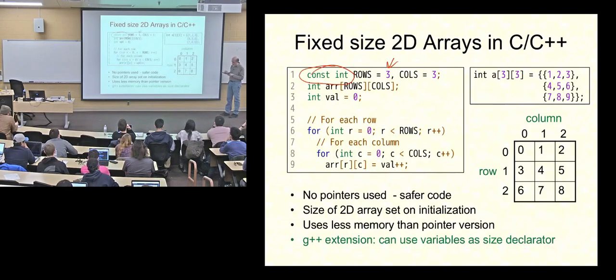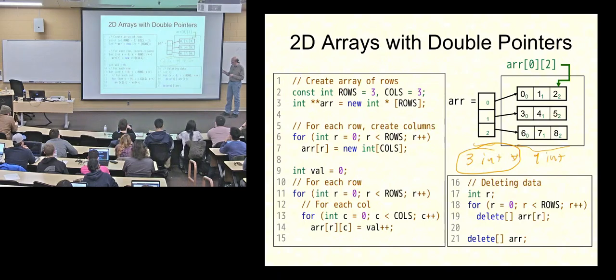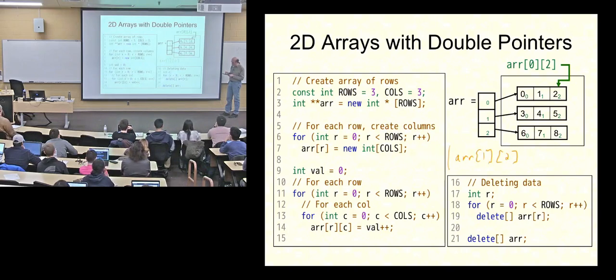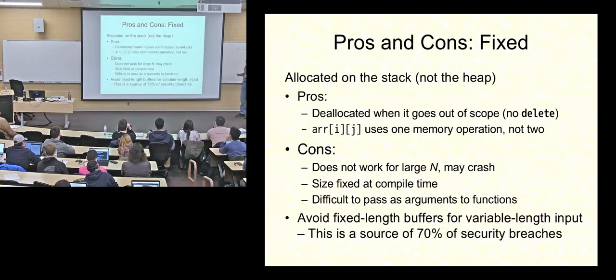Over here, with the pointer version, when I say I want to access array sub 1 sub 2, it actually happens in 2 pieces. It accesses array sub 1, and it says, oh, array sub 1 means this row, so it has to look at this element, then it knows you want to look at that row, then it takes this row and looks at subscript 2 within this row and goes to the last column. So I have to look at 2 different places in memory, which is a little bit slower. Okay, so the fixed size array only uses 1 memory operation.